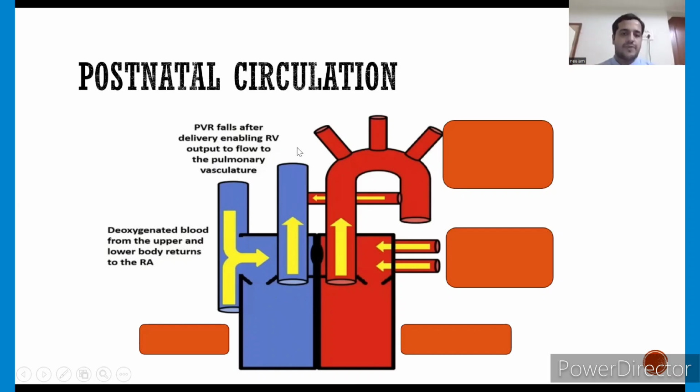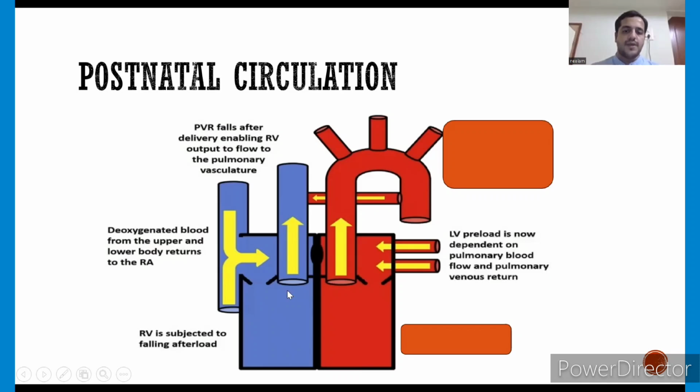Earlier the pulmonary blood flow was minimal, but now, because of the high oxygen concentration in the air which the baby is breathing, the pulmonary blood vessels start to dilate and the pulmonary vascular resistance falls, and so the lungs now start getting good blood flow. With that, the RV is subjected to a falling afterload. Because of this there is now good blood flow to the lungs.